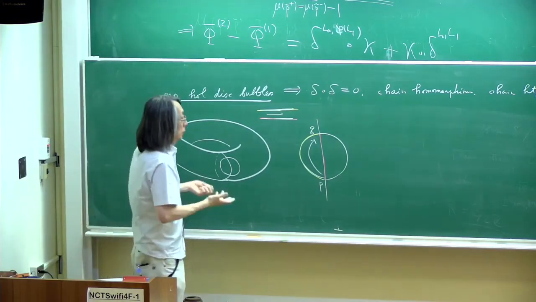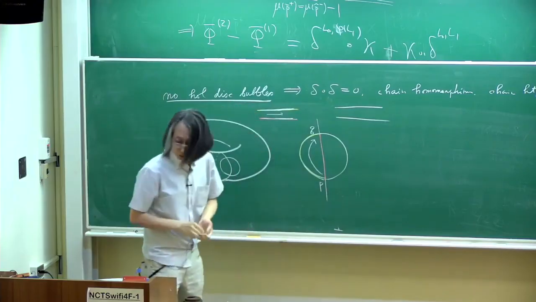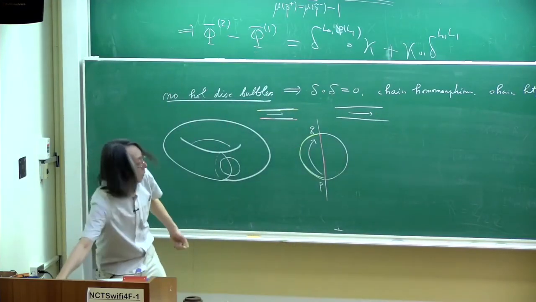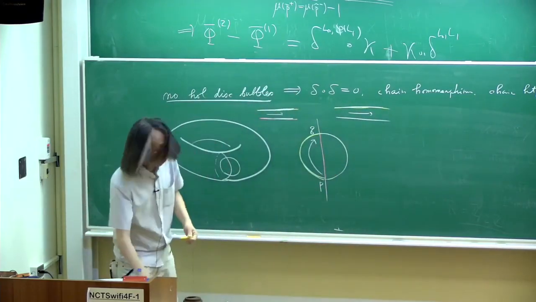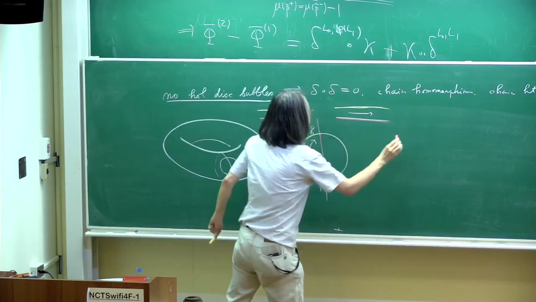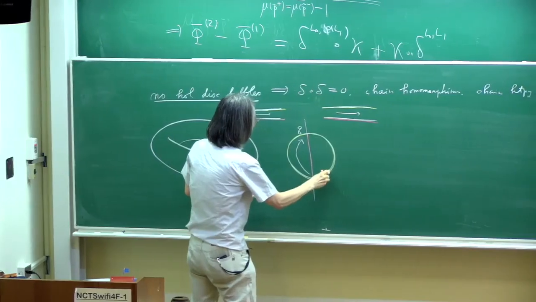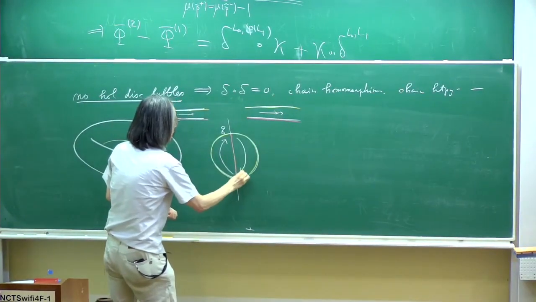But now you also have such a thing. So here I have another one, you have another one here, and then look at this. And then here I have a yellow one, and I have a red one here. And then you look at this red one and yellow one, and then you get maybe this one.